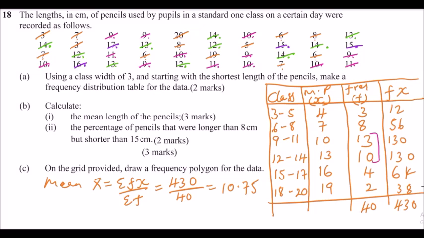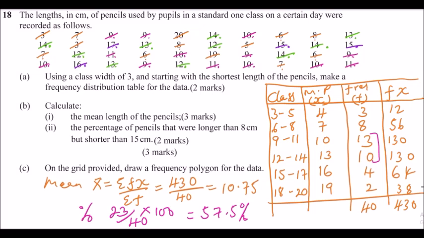So we can say 13 plus 10, that will give us 23. So we say this is 23 divided by the total number of the pencils. You multiply by 100, and using your calculator, you get 57.5%. So those are the pencils that were longer than 8 centimeter but shorter than 15 centimeter.